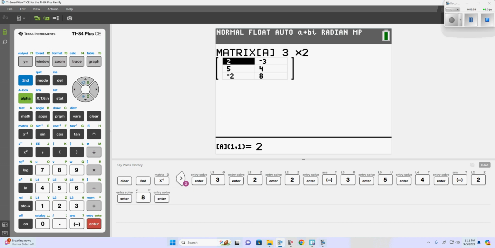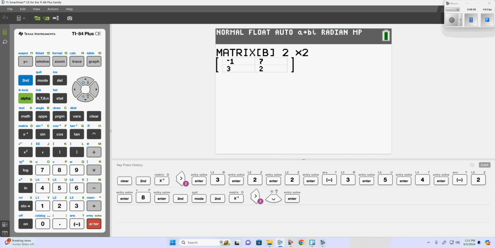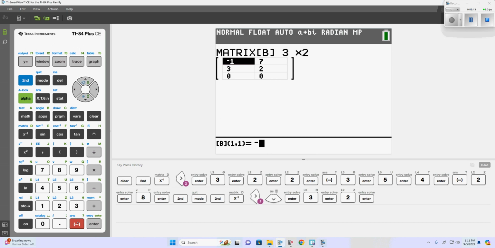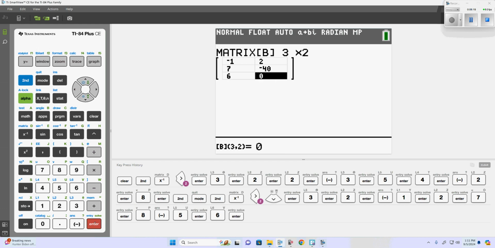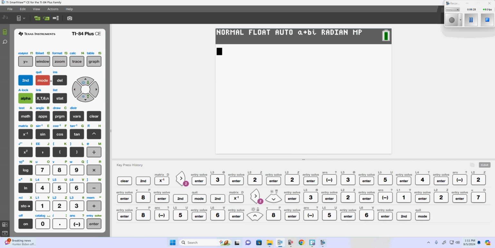So I could type that in for A. We can go second quit, second matrix, over to edit, but this time we're going to put it into matrix B, because we have two different matrices we're adding, or in this case, subtracting, which is also a 3 by 2. Negative 1, 2, 7, 8, negative 5. Oh, see here, that should be 8, negative 5, 6. Yep. Second quit.